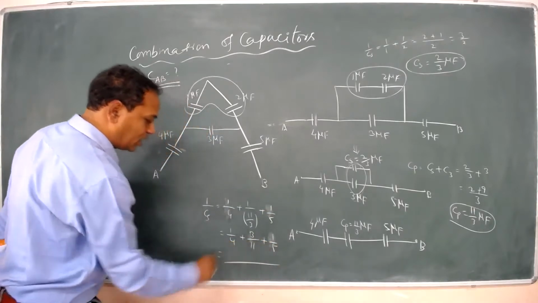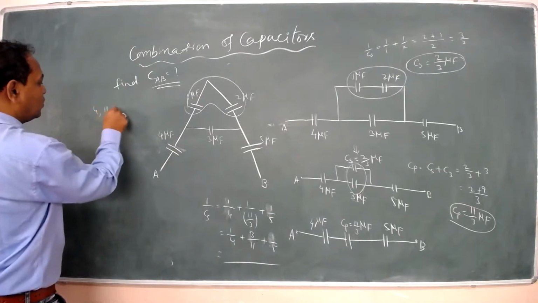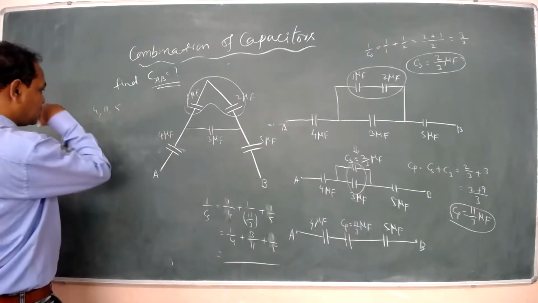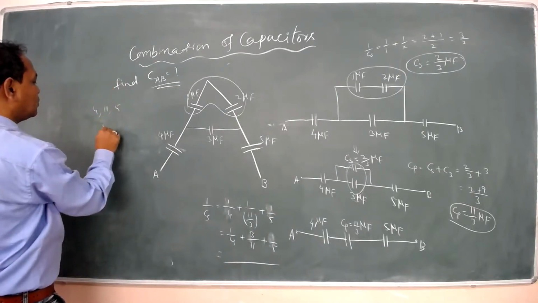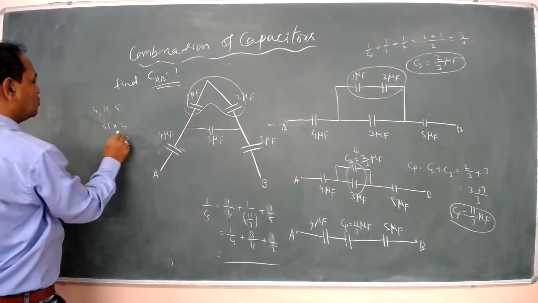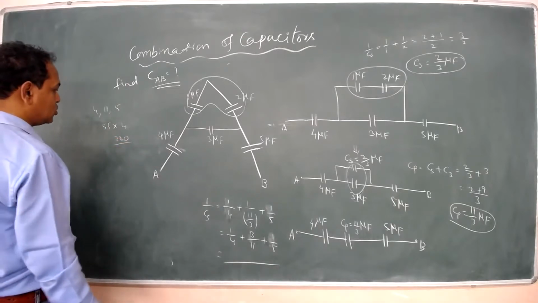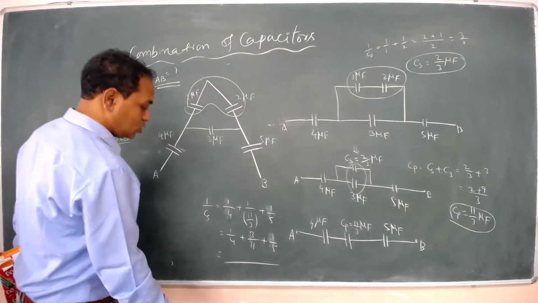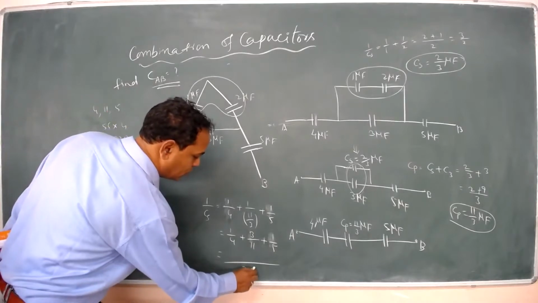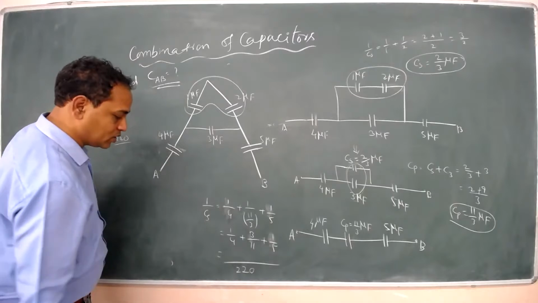Therefore, if you take the LCM for this, what will be the LCM of 4, 11 and 5? That means 55 into 4, which is 220. So the LCM is 220.